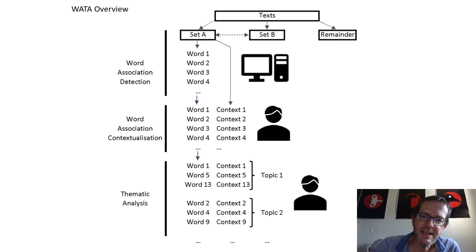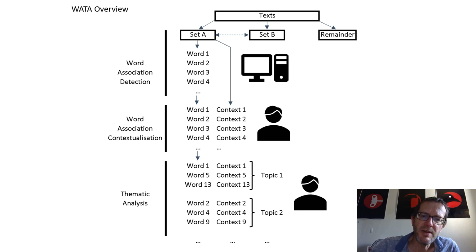And then the human stage, there's you, the human. For each word you identify its context, so word 1, context 1, word 2, context 2. So you identify the context of each word by reading texts containing that word to see how it's typically used. And then the final stage is the thematic analysis stage, where you cluster the words into related topics or themes.